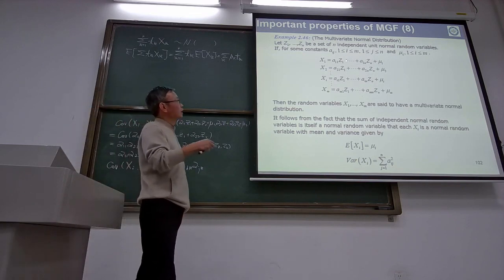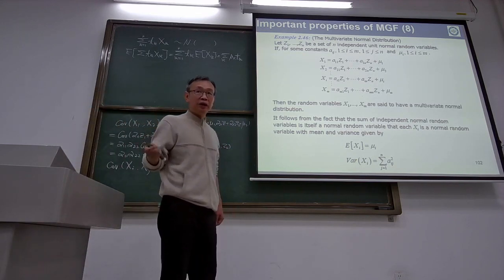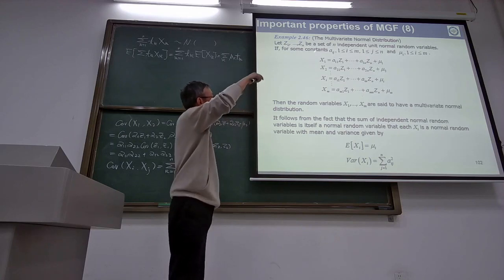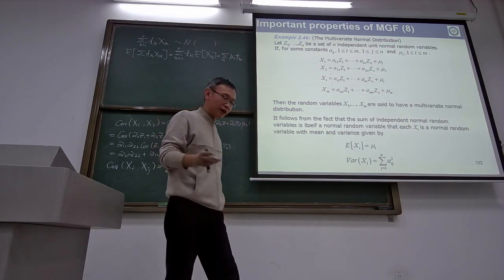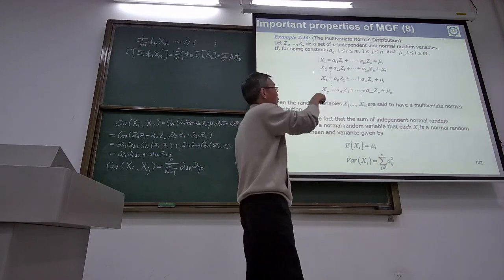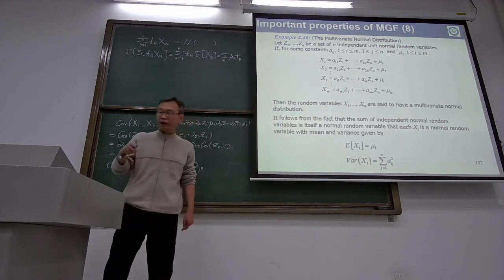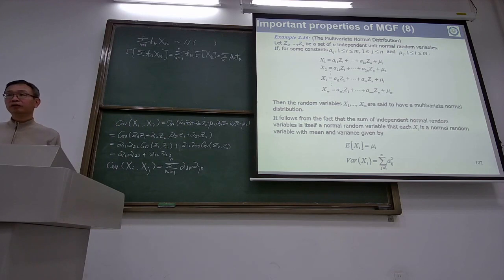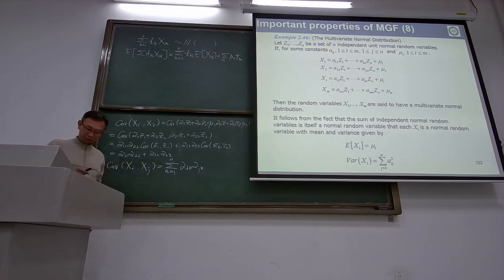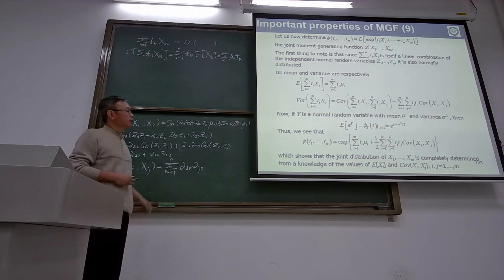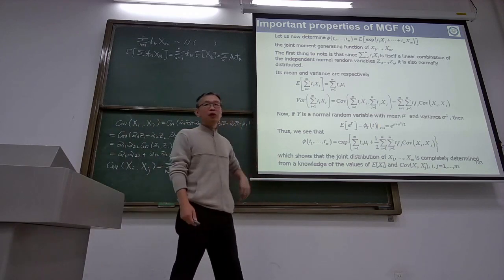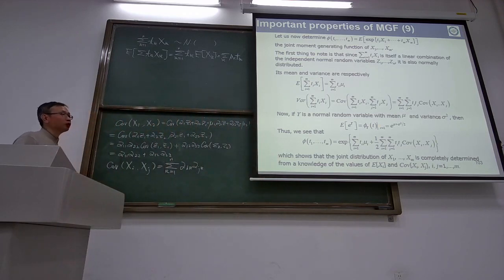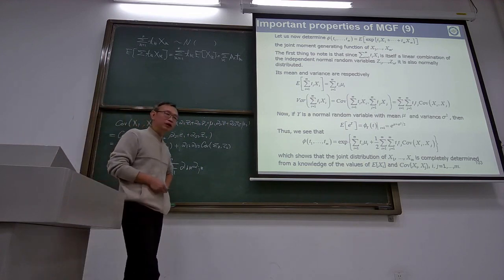In the simple case, Z1 until Zn are independent, but we use their linear combination to represent xk. So in such a case, xi and xj are not independent. That means their covariance is not zero. This example shows you what a multivariate normal distribution is. Okay. This is the end of the discussion of moment generating function.